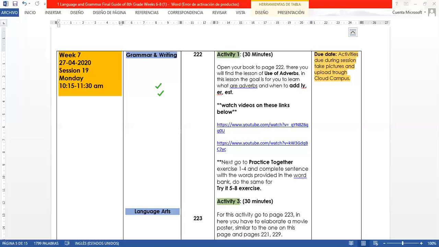This word doesn't have an ly at the end. It's just giving us a description of where the wolf is standing, the location.